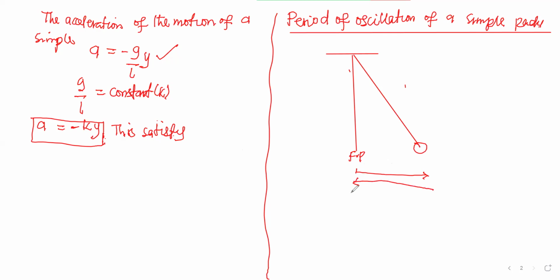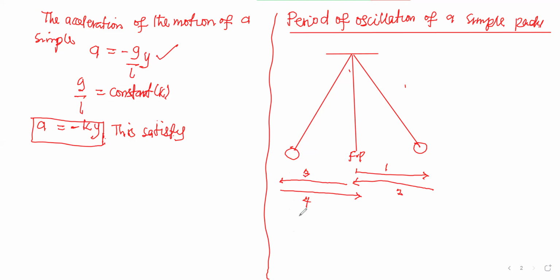Then the third part is that the body comes to the other extreme, and then back to where it started. So 1, 2, 3, 4, back to wherever it started.